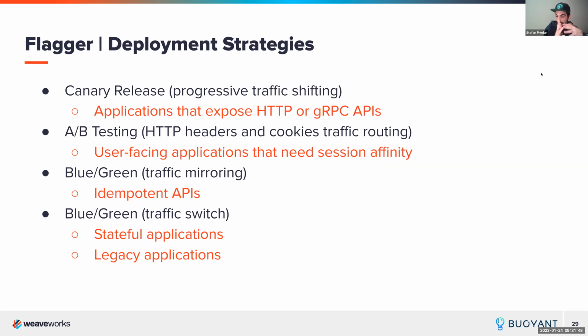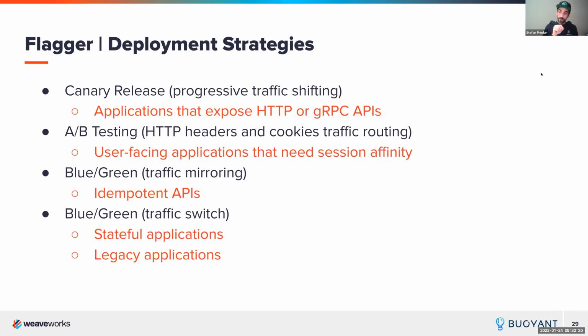If you serve HTML, JavaScript, and your API, you need some kind of session affinity, and you need to pin some portion of your users on the new version while all the others have to stay on the old version. Otherwise, they will get the HTML from the new version and the JavaScript from the older one, and that will mess up all things.